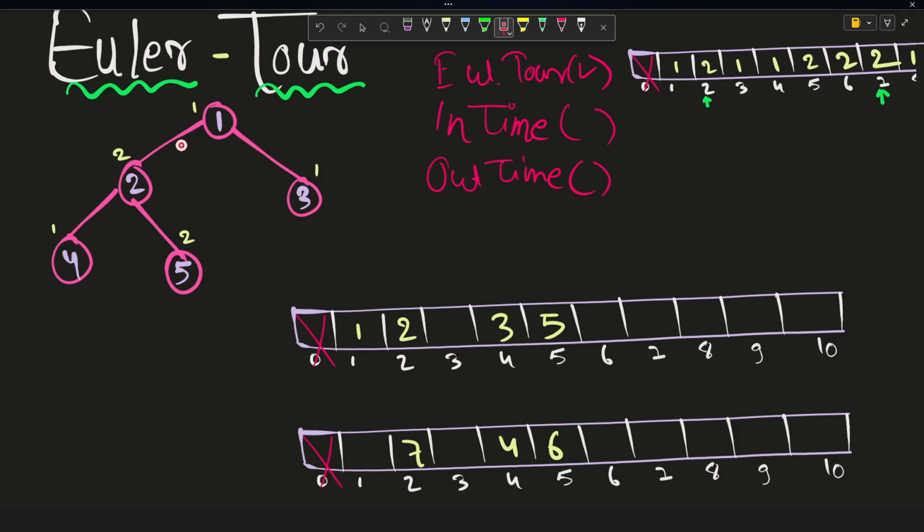And now once the left part is explored completely, I will move to this part. So now I'll be entering this node for the first time, that is the third node. So we have to fill this point here. It will be equal to 8, right? And now since I have to leave this node, that is, I have to get out of this node just like this, I have to fill the out time in this array at this index.